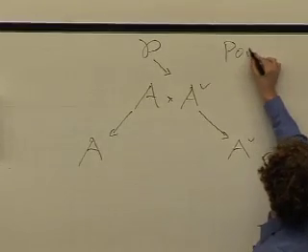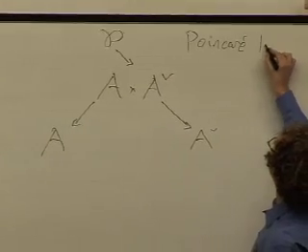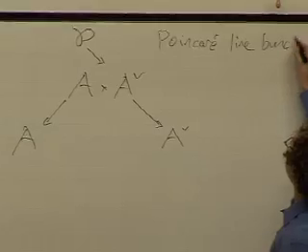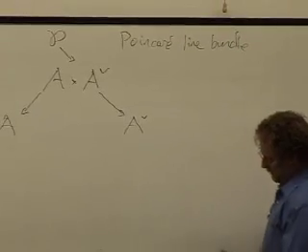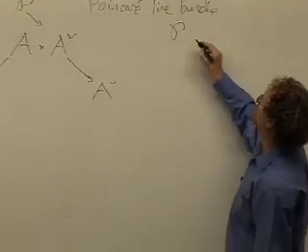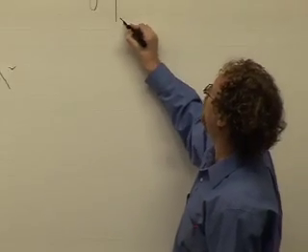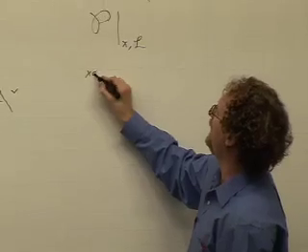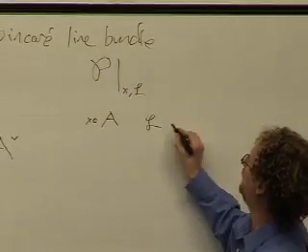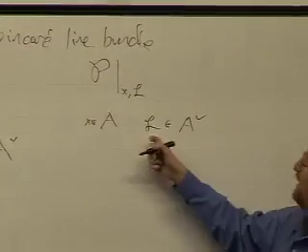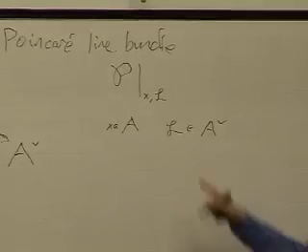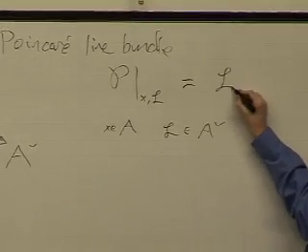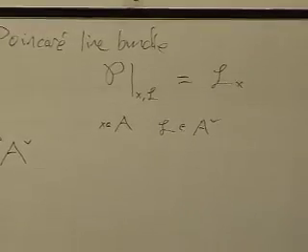This is called the Poincaré line bundle, which is a tautological line bundle. It says that if I want to figure out the fiber of this line bundle at a point X and L, where X is in A, and L is a character on A, which I think of as a point of A dual, well, I just take the fiber of L at X.